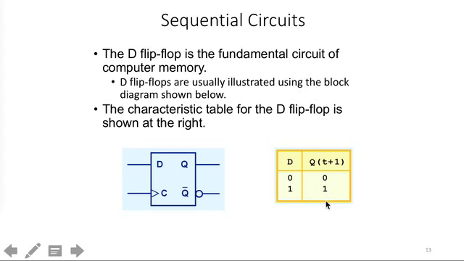So when we store bit 0 or bit 1, later on you can read the bit 0 or bit 1 out. That's the way we store memory in a computer. In order to construct a larger memory, we just concatenate and combine multiple D flip-flops together, so we can construct more memory cells and store more information.